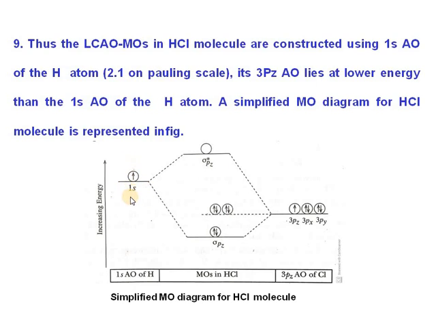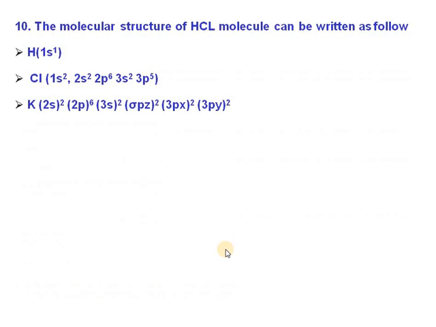orbitals of hydrogen and the 3pz atomic orbitals of chlorine, to form the molecular orbitals of HCl as sigma pz. Now from these molecular orbital diagrams, we can find out the electronic configurations of those molecules.